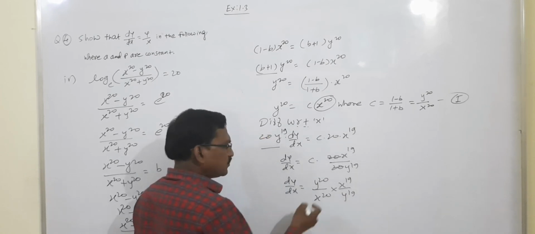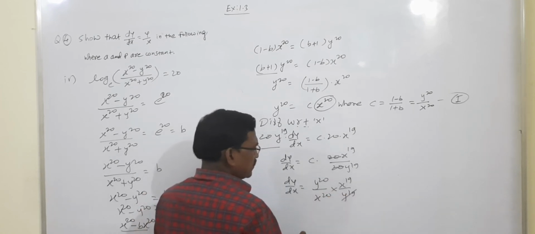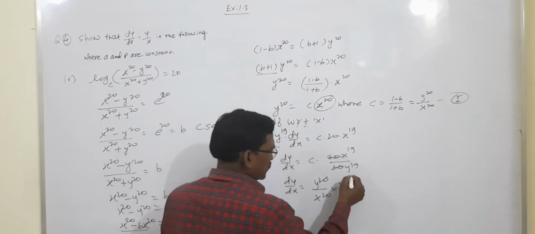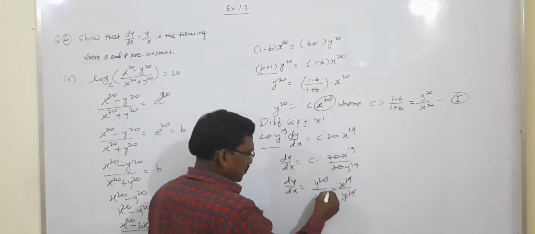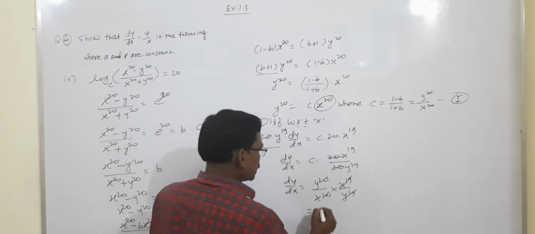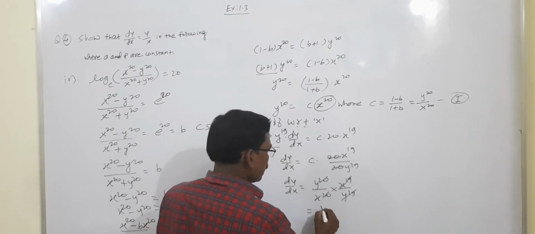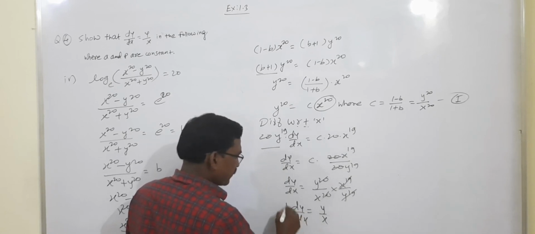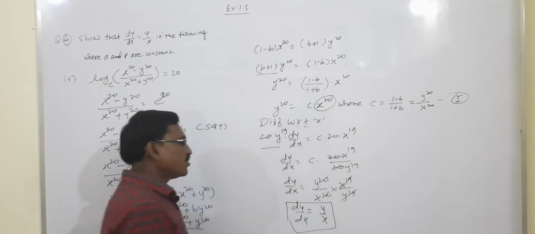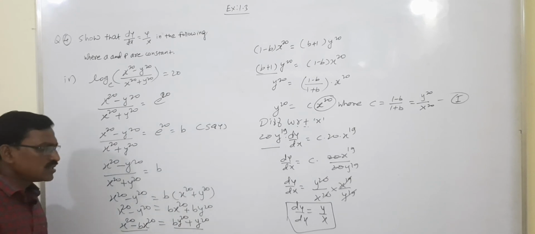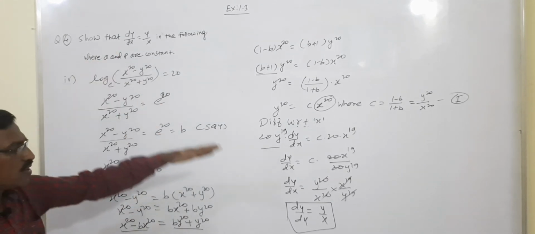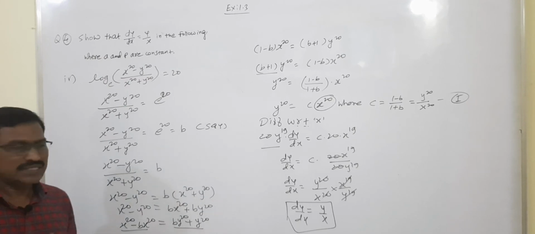Now we cancel out y to the power 19 with y to the power 20, also x to the power 19 with x to the power 20. It is only y by x, it is dy by dx. And in this way we have shown that dy by dx equal to y by x.